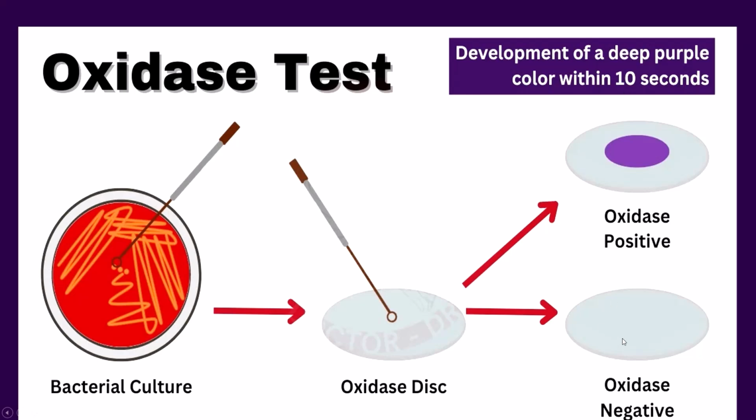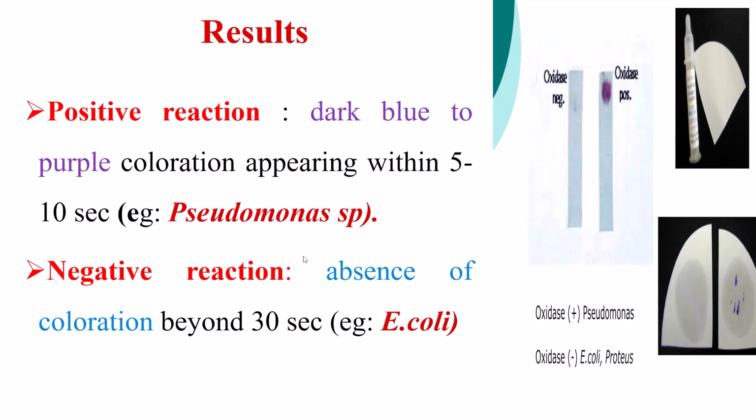If it's oxidase negative, the color remains colorless. Positive reaction: dark blue to purple coloration occurring within 5 to 10 seconds only. An example of a positive reaction is Pseudomonas species, while a negative reaction shows absence of coloration beyond 30 seconds. An example of a negative oxidase test is E. coli.